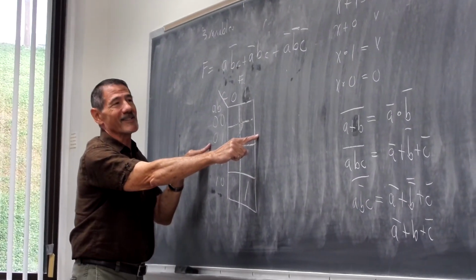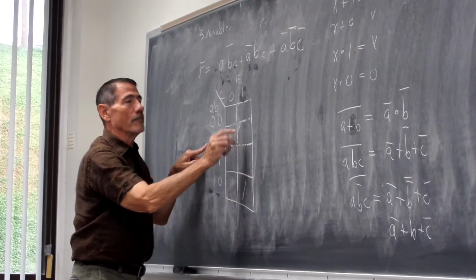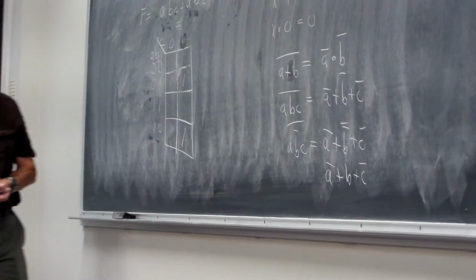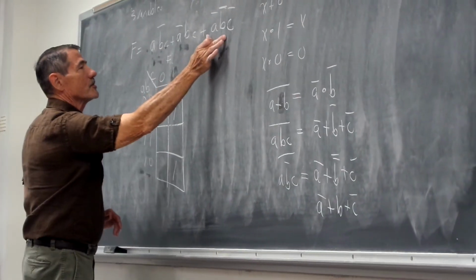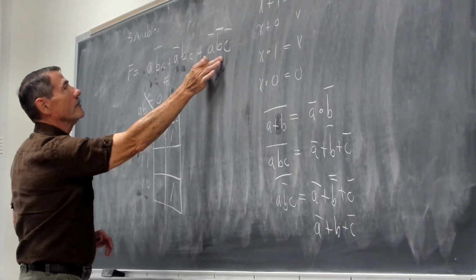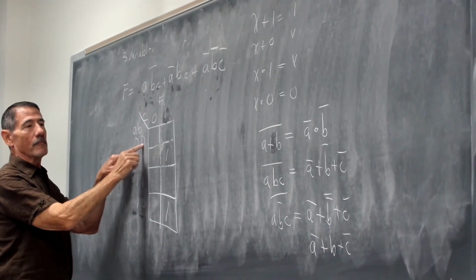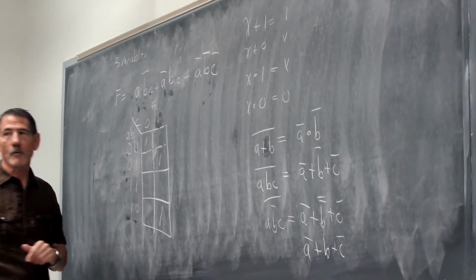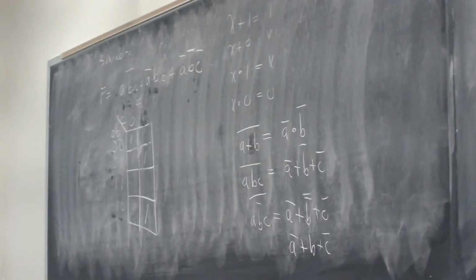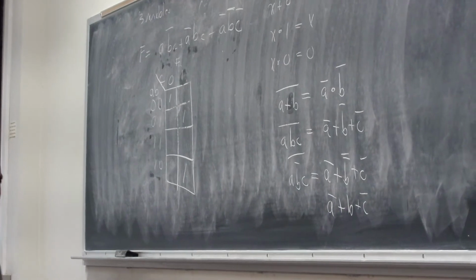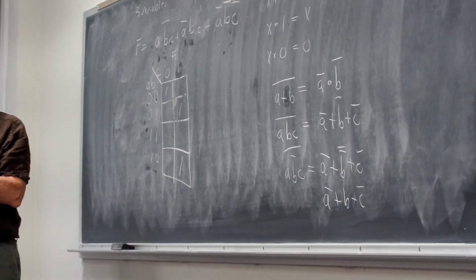And what has the C got to be? 1. Everybody okay with that? Okay. What about this term here? 0, 0, 0. Now, what about the rest of the cells though? All zeros.